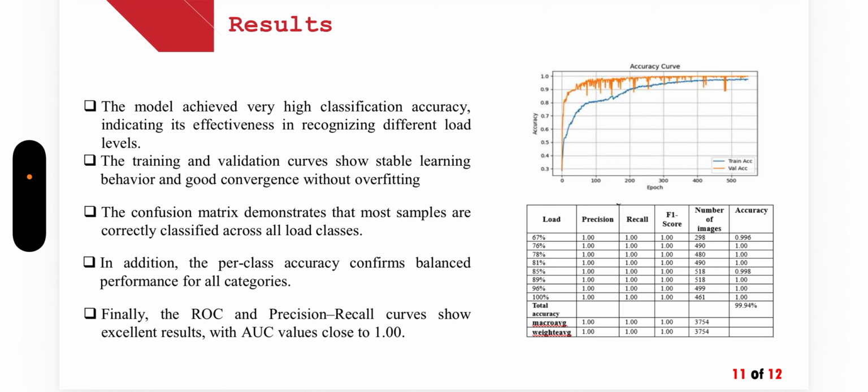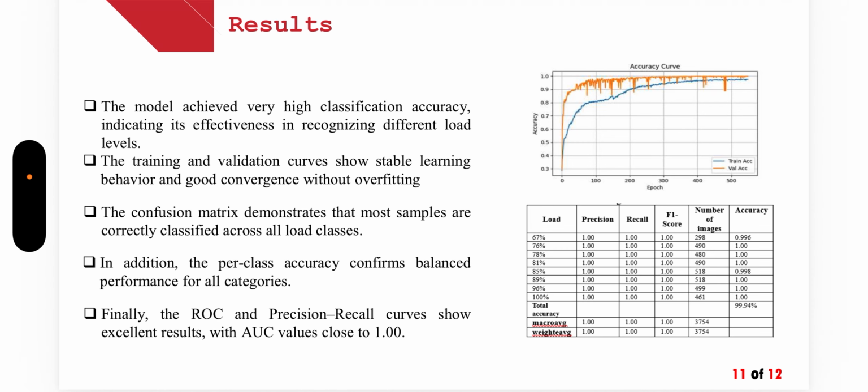The confusion matrix demonstrates that most samples are correctly classified across all load classes. The per-class accuracy confirms balanced performance for all categories.